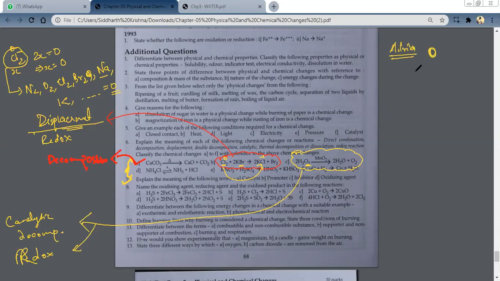In 2H2O2, this one where you have circled in yellow color, H2O2. -1, sorry. -1, how are you getting -1? Yes, Adrika, explain your answer.